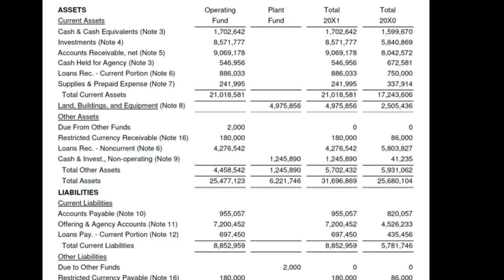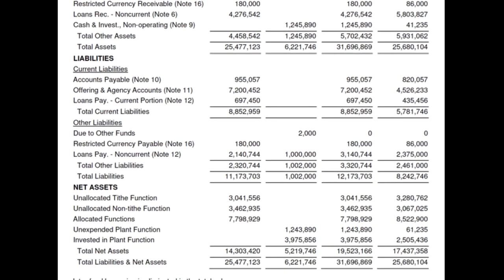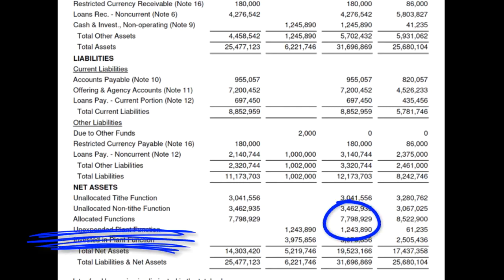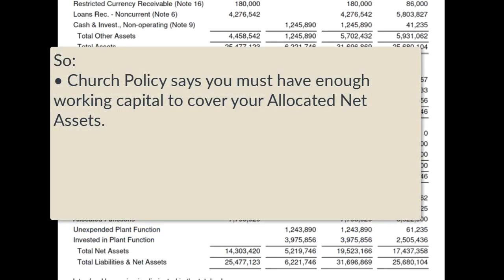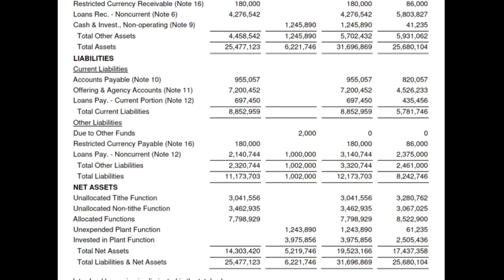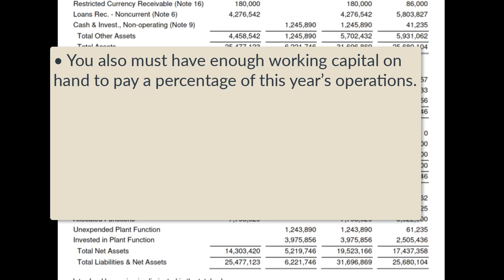Well, the first thing that we have to think about is that of that 12 million, 7 million of it is needed for our allocated functions. We have said we're designating this current assets to this current project, and that's what we did when we allocated it. Okay. And the second part of the working policy about it is that you are supposed to have a certain percentage of your operating expenses.